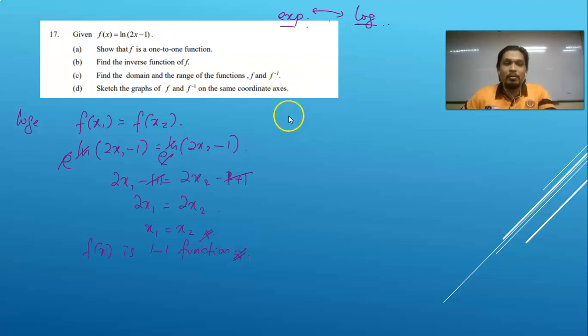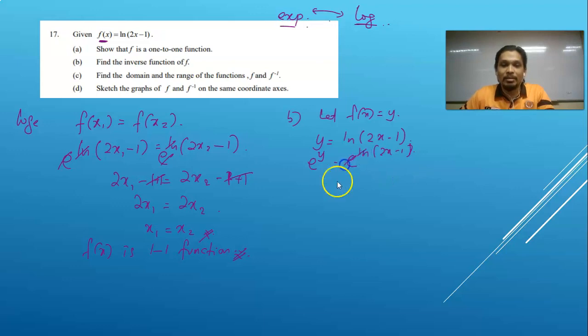Find the inverse of the function f(x). To find the inverse of a function, let's change this term f(x) into y. So y equal to natural log of 2x minus 1. Just like the process before, we make e to the power of y equal to e to the power of natural log of 2x minus 1.